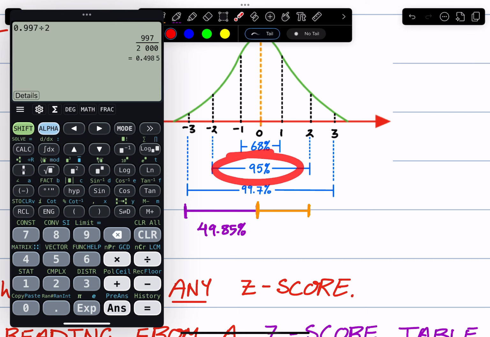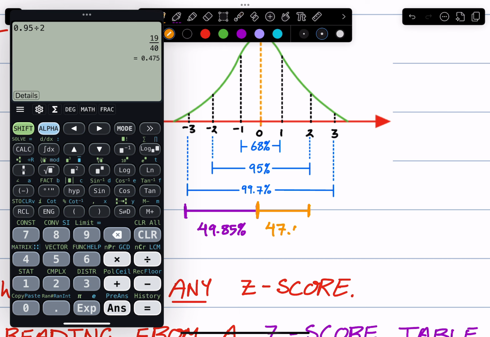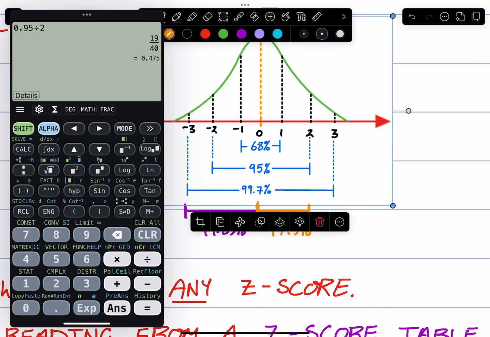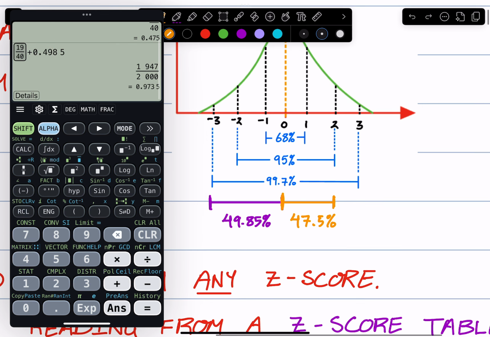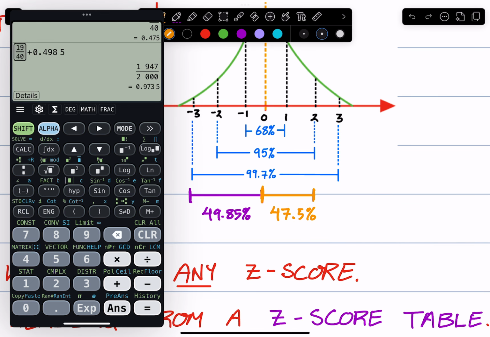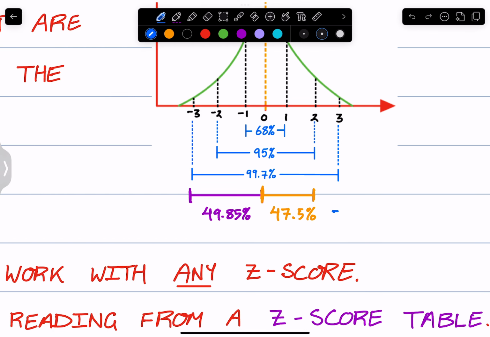And then we're going to go from 0 up until 2. And that is half of 95. So 0.95 divided by 2 is 47.5%. Adding these together, we get 97.35%.